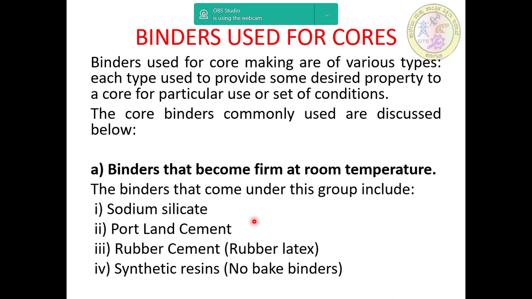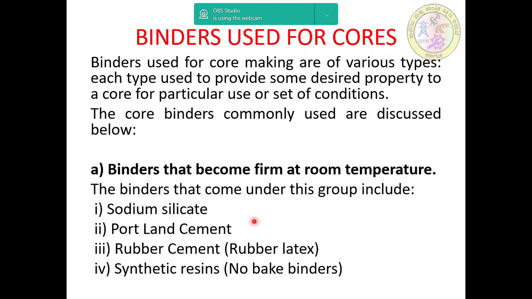Next we'll go for what are the binders used for cores. Here binders used for core making are of various types. Each type is to provide some desired property to a core for particular use or set of conditions. The core binders commonly used are below.